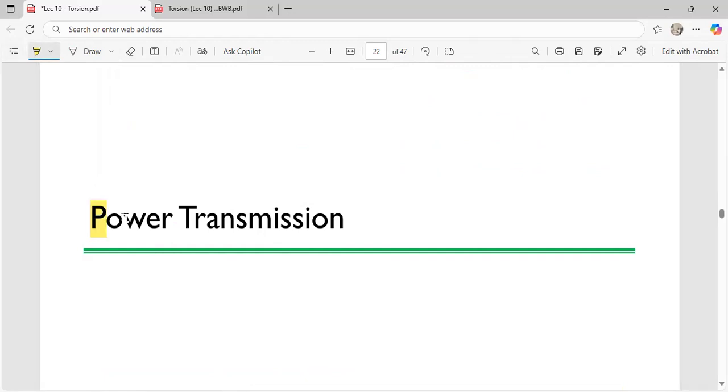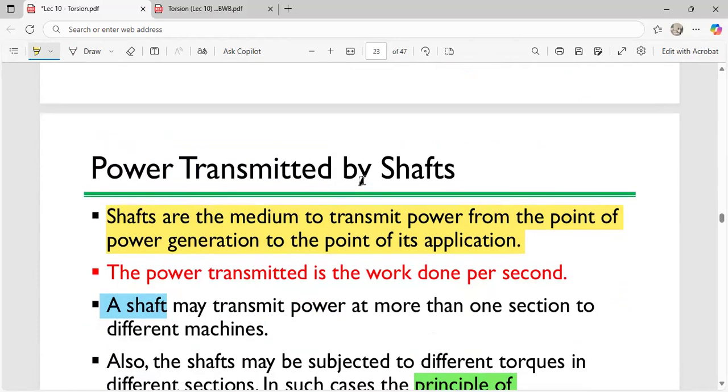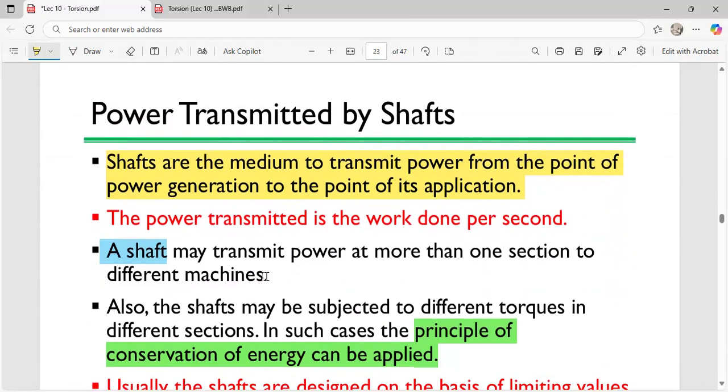So let's go through the power transmission. Let's talk about the power transmitted by shafts. We say shafts are the medium to transmit power from the point of power generation to the point of its application. The power transmitted is the work done per second.